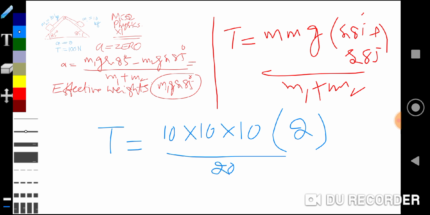Now students, this is the approximate value which we have taken, sine 85 plus sine 85. It will not be 100% equal to 2, but it will be near to 2. If you put the accurate value, then it is 1.96.